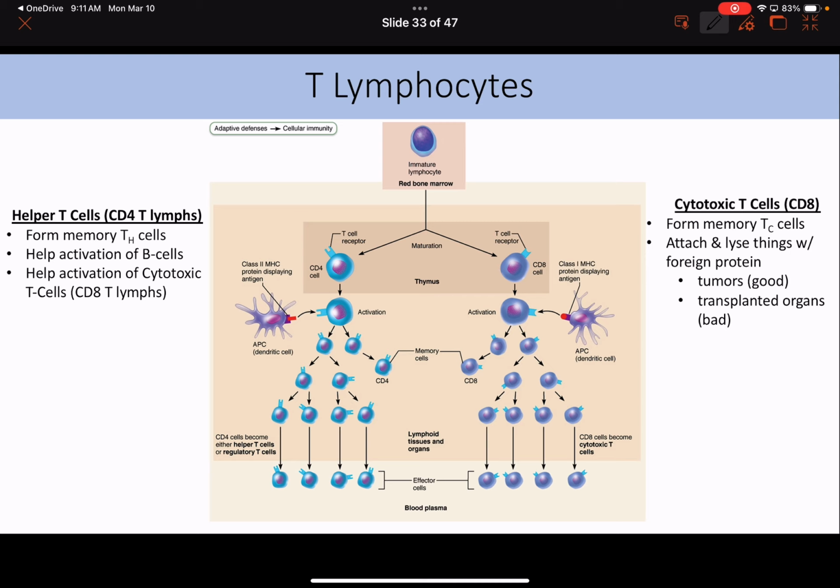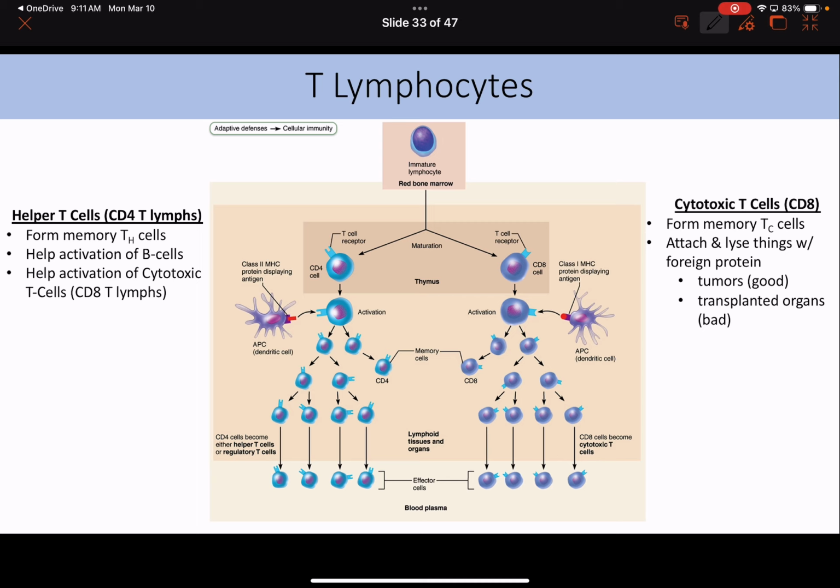So cytotoxic T cells, they also form memory cells. A big thing about this adaptive immune system is that it has memory. It can remember past infections. So they form memory T cells. They attach and lyse things with a foreign protein on it. So this includes tumors, which is a good thing.